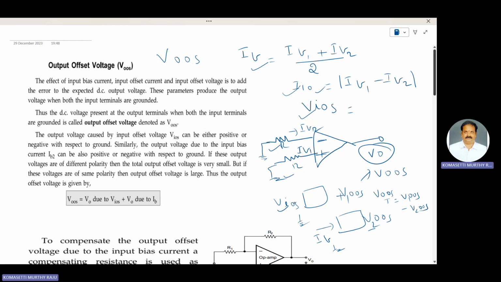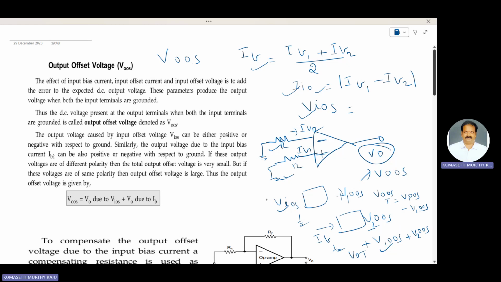If these voltages are of the same polarity, plus V1OOS plus V2OOS, then the total output offset voltage is very large.